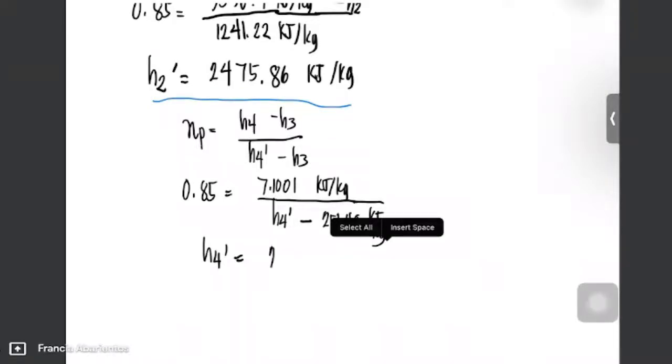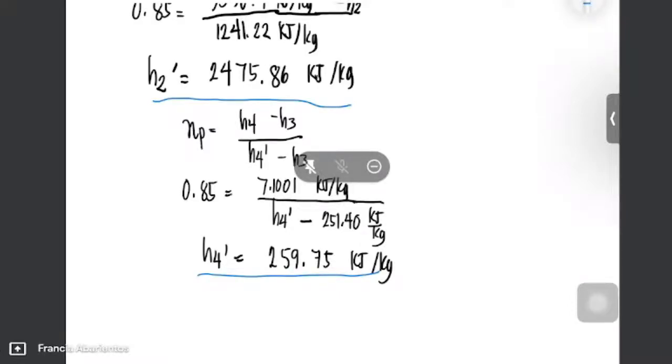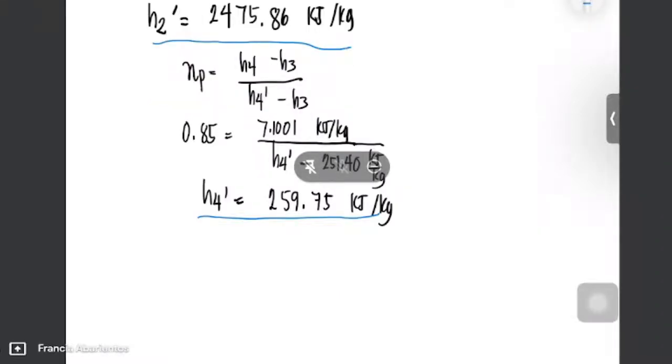Ano yung answer class? 2. Okay, 259.75 kilojoule per kilogram. We have now the prime. Ma'am, bakit kinuha natin yan? Class, yes. Because it will affect now the work net of the different processes. So, mag-iiba class yung cycle efficiency natin, ha?